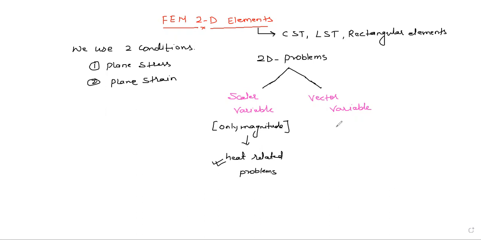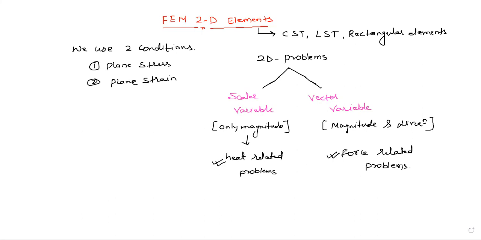Now, vector variable, you can understand now. Vector variable means it will have magnitude as well as direction also. So if they are asking you to find some quantity which has magnitude as well as direction, like forces, like force related problems. So here force related problem is basically on the civil engineering side.